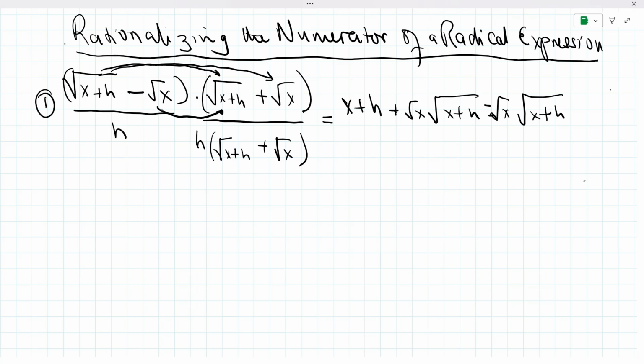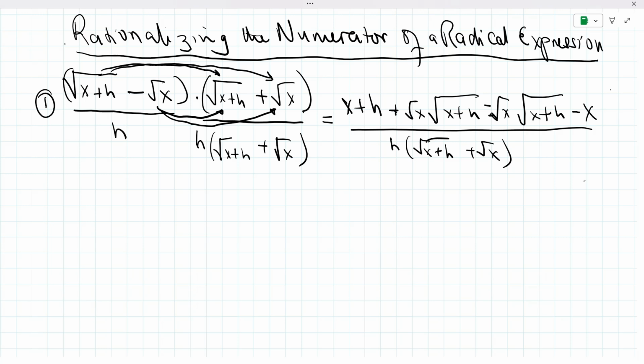And then we have minus root x by root x, which will give us minus x. And all this is divided by h into root x plus h plus root x.